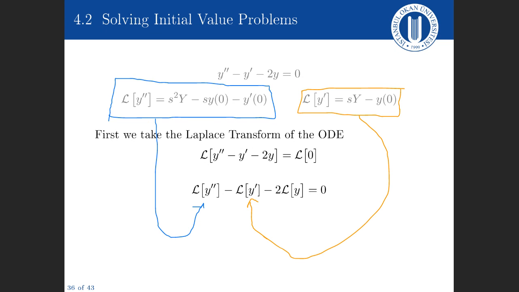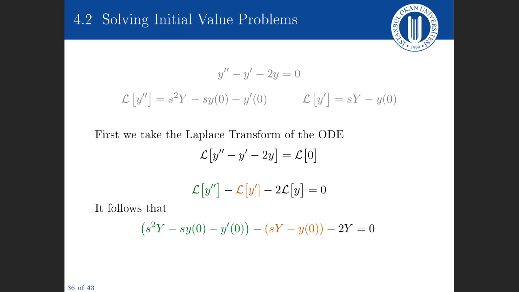We can use that just here. So we have s squared capital Y minus s y of 0 minus y prime of 0, minus, in brackets, s capital Y minus y of 0, minus 2 times capital Y is equal to 0.